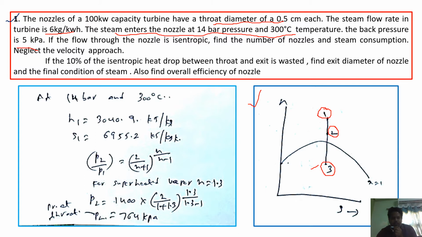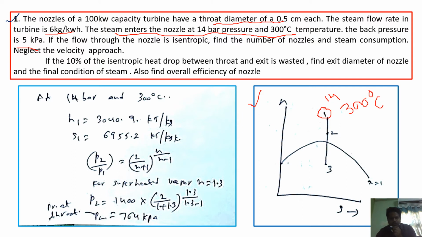Now as you can see here, at point 1 the given pressure is 14 bar and temperature 300 degree centigrade. This point is in the superheated region. Generally, once water is converted into steam in the boiler, that superheated steam will enter into the nozzle. So at the inlet the steam is superheated steam.